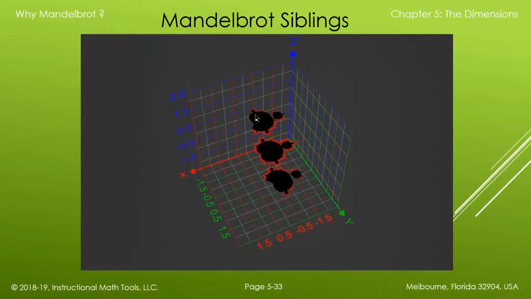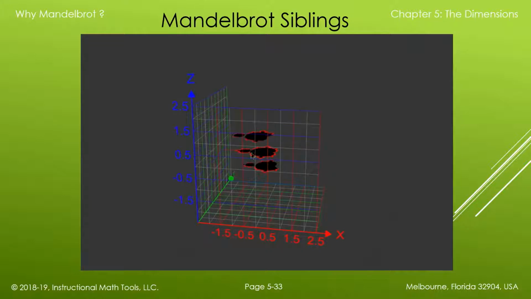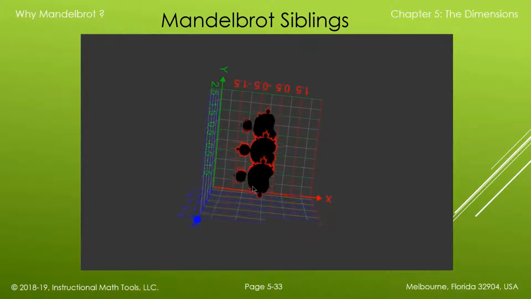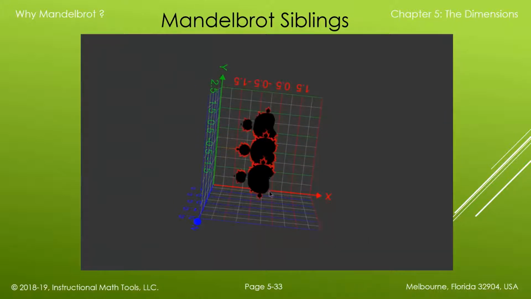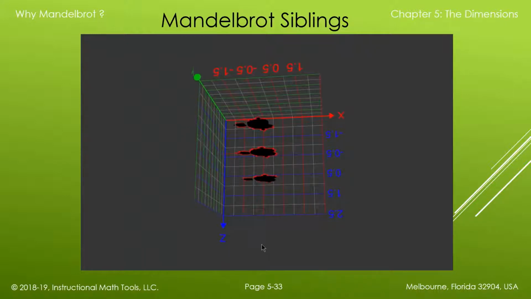There's symmetry from the outside in, but the two babies, the two siblings, are the opposite. Notice that this one has many more fractals on the top than this one does, so it's exactly inverted. But they are the Mandelbrot's siblings.